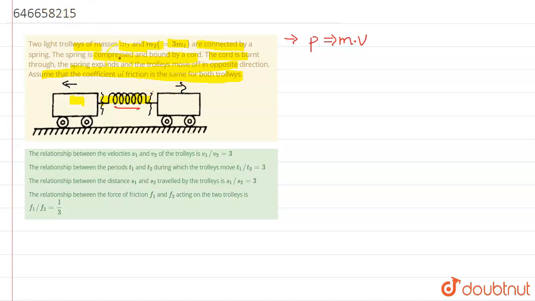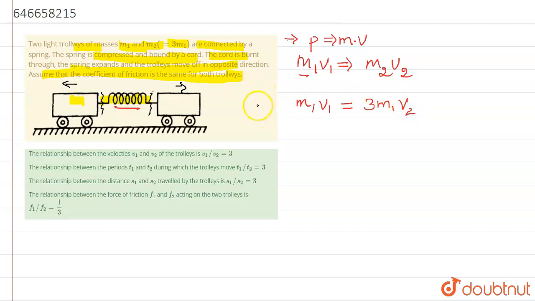According to the law of conservation of momentum, m1 v1 is equal to m2 v2. Here m1 is m1 and v1 is v1, and m2 is given as 3m1, with velocity v2.